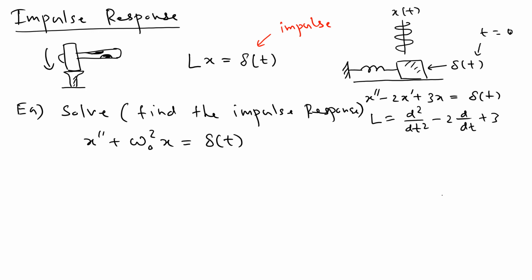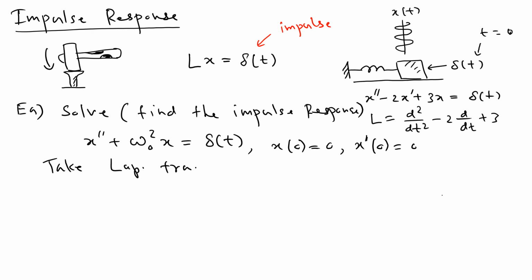Delta t means you apply the large force at t equals 0. Just to make things easy, let's say x of 0 equals 0 and x prime of 0 equals 0. If not, you just get a few extra terms. Now, as before, we take the Laplace transform.